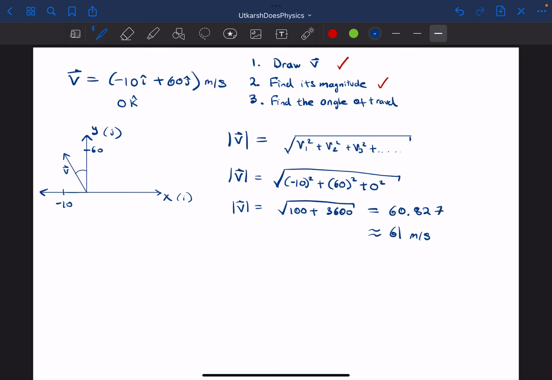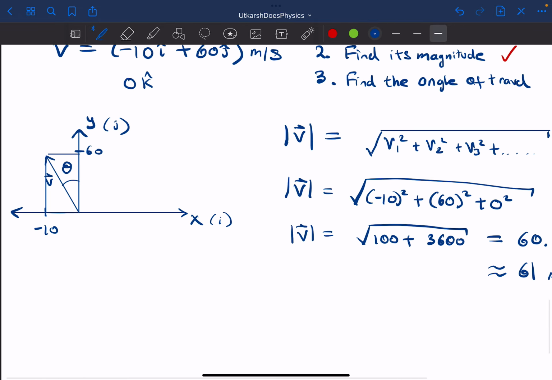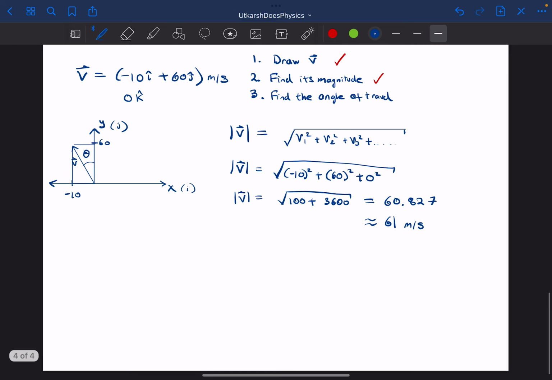There we go. And let's call it theta. And zooming into this, we just use our SOHCAHTOA from high school, and that is going to give us the exact value of theta. So I'm just going to draw that triangle out again to make it more clear.